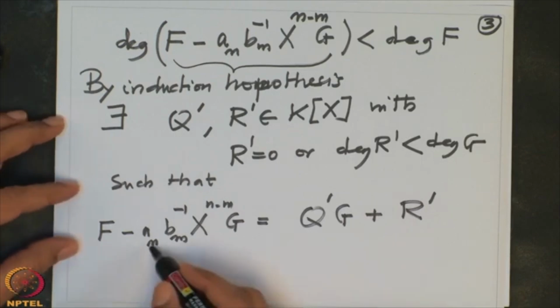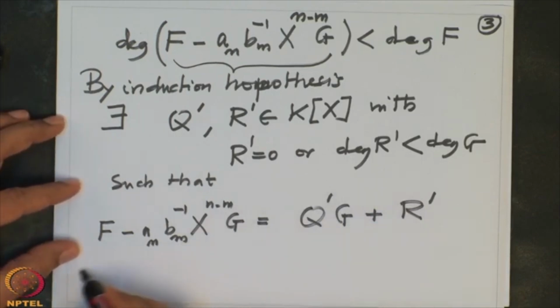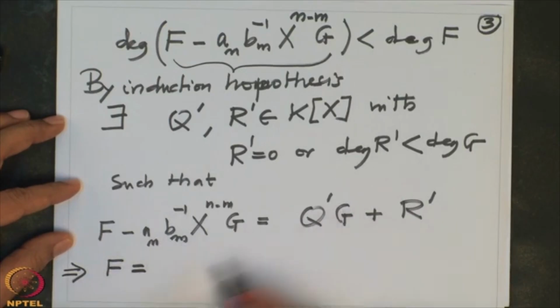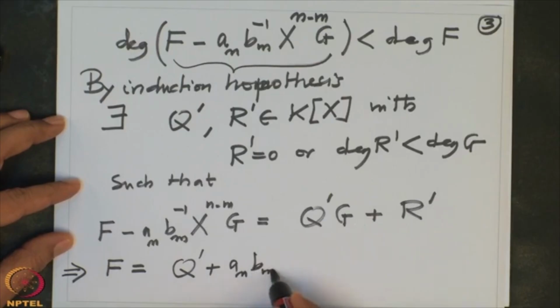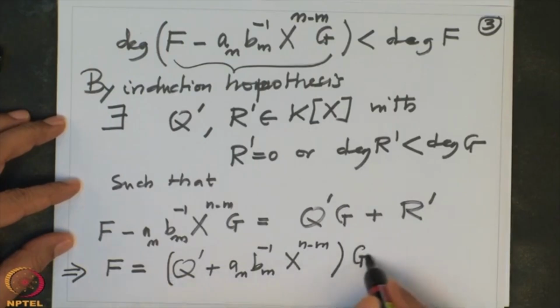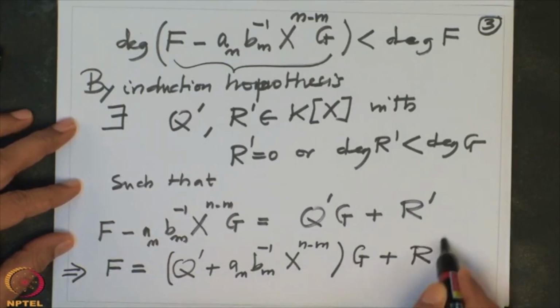Now what do I do? I simply shift this term to the other side. So therefore f will be equal to, shifting this to the other side and taking g common, q prime plus an bm inverse x power n minus m, times g plus r prime.